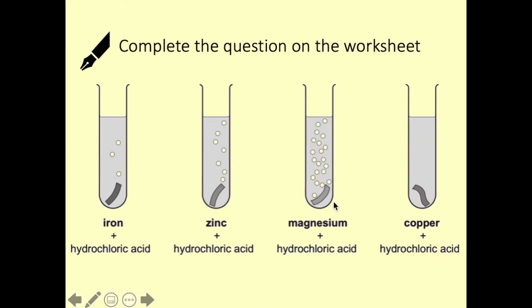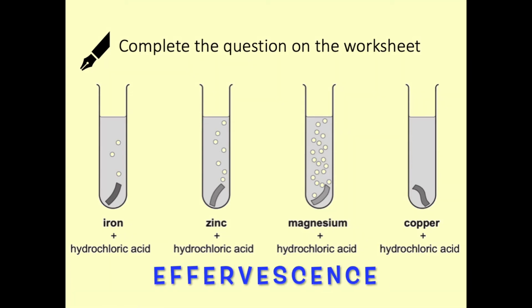So with our metal and acid reactions, we are using bubbles as an indicator as to how reactive our metals have been. We can use a different word to bubbles though in science when we're describing the bubbles produced in a reaction, and that word is effervescence.